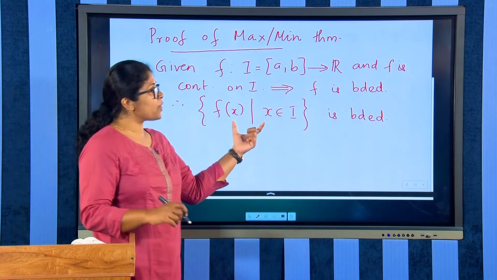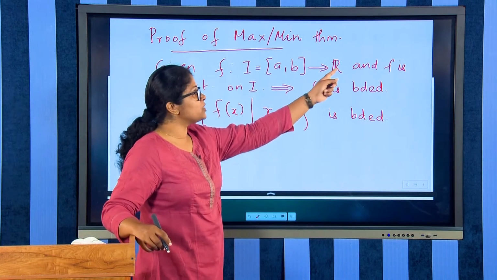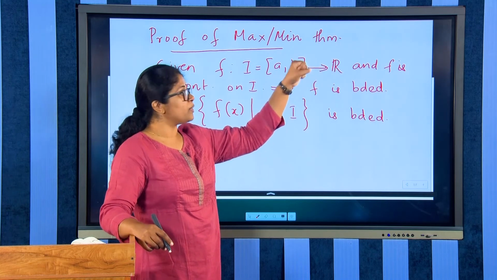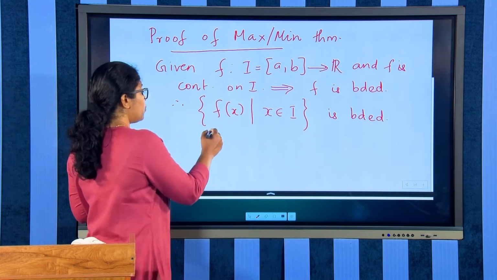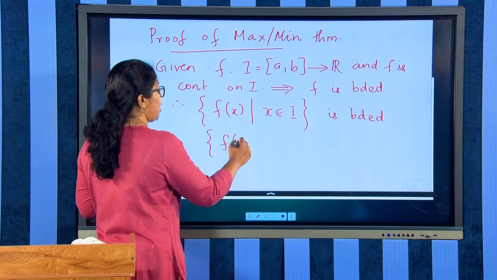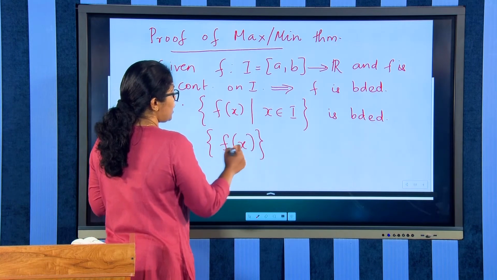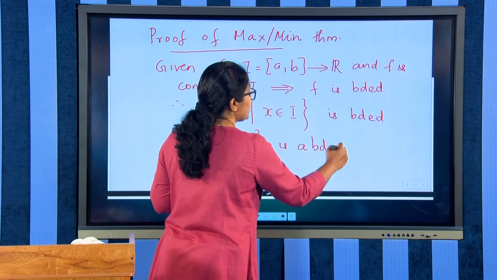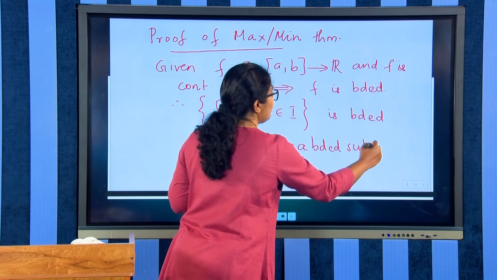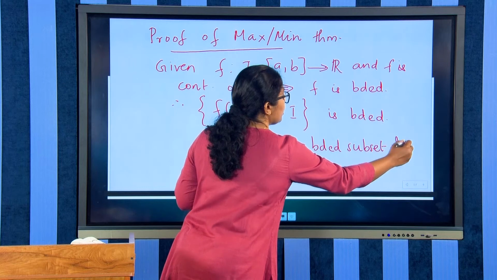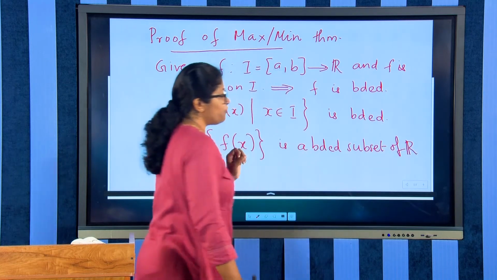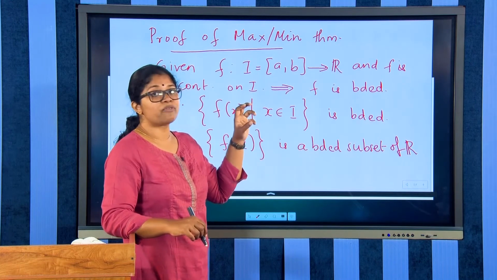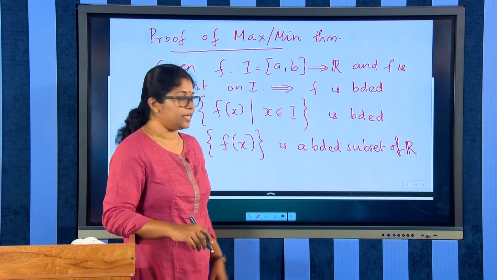And where does this range set belong to? The range set is a subset of the set of all real numbers. So, now we have a bounded subset of R. The set f of x is a bounded subset of R, which reminds us of something that we have studied earlier.